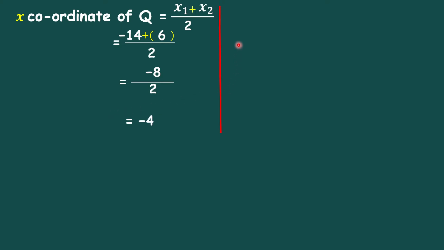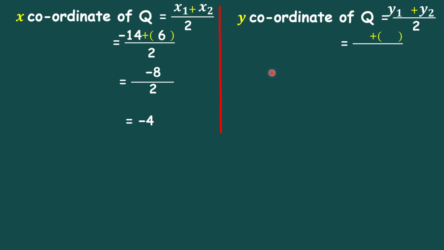Similarly we find y coordinate of point Q. The formula is y1 plus y2 upon 2. Here y1 is the y coordinate of point A, which is -10, plus the y coordinate of point B, which is -2, divided by 2.